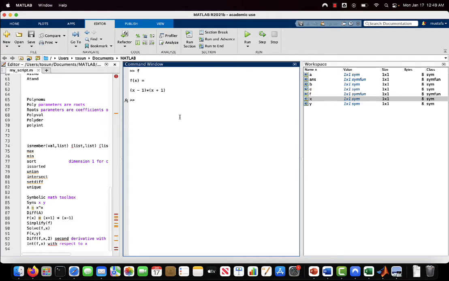Let's remember my last function, and we can see that the roots of that function are minus 1 and 1. Let's use the solve function for my f, and the result will be the roots, which are -1 and 1. It's really good.